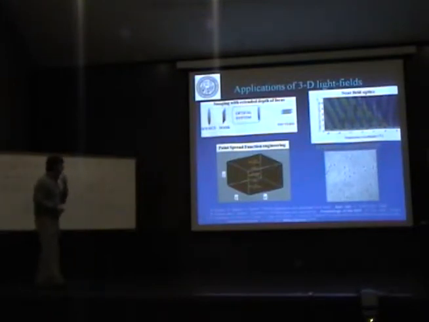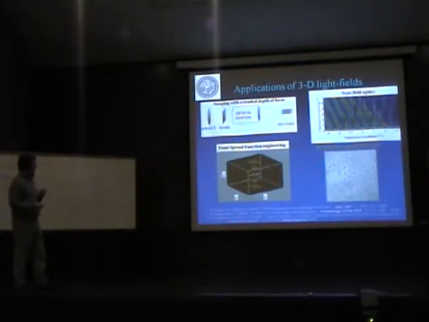Okay, different types of things you could do with the light in 3 dimensions. So who knows what optical lithography is? That's what you use to make computer chips. You make a big mask, and then photo-reduce it onto some photosensitive material, and write a pattern.